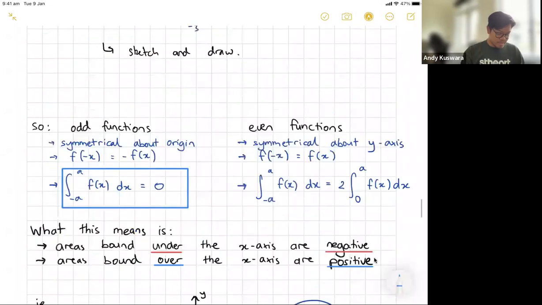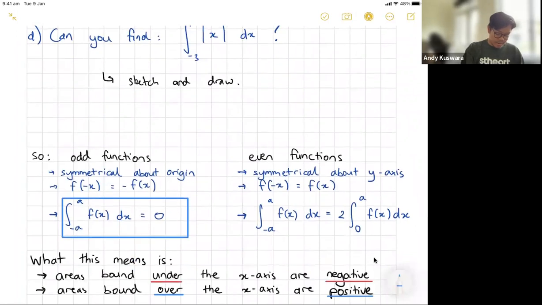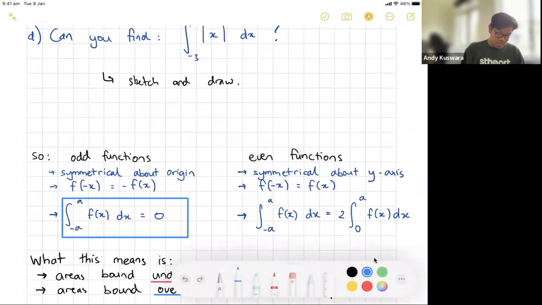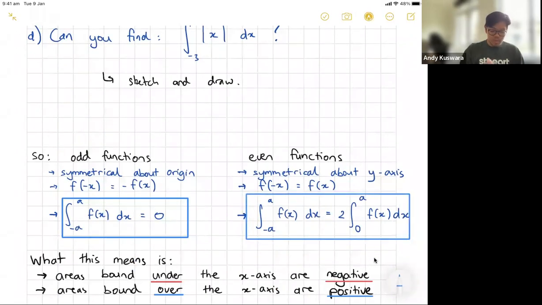An even function is slightly different. If it's symmetrical about the y-axis, you have f of negative x is the same as f of x. If I take an integration between two limits of the same magnitude, again like -2 and 2 or -5 and 5, you can think of it as just doing half.